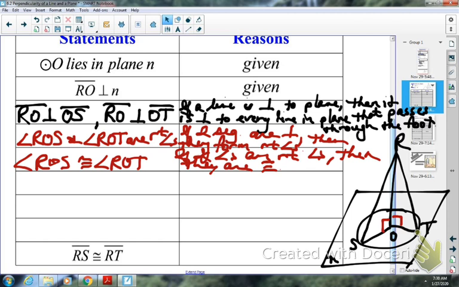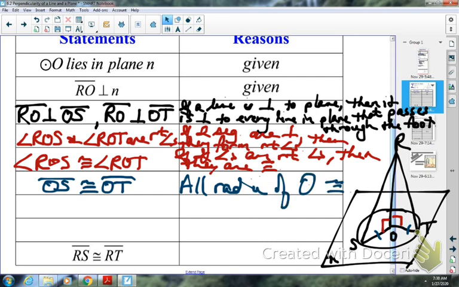Well, notice it said in the given that we had a circle O. We know that in a circle all radii are congruent. So segment OS is going to be congruent to segment OT. And my reason, all radii of a circle are congruent. So that gives me another pair of congruent parts.